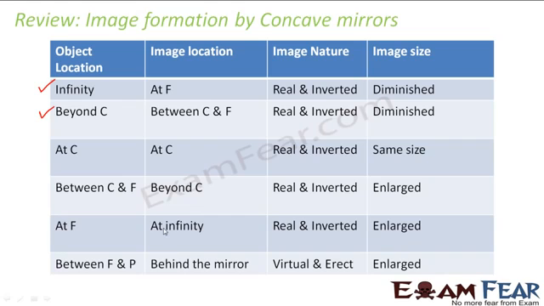As the object is coming nearer, the image is going away. And as the object is coming nearer, the image is increasing in size, because when the object was at infinity, the image was diminished. Then gradually the image became of the same size. Then it started becoming enlarged. So the closer the object, the bigger is the size of the image.